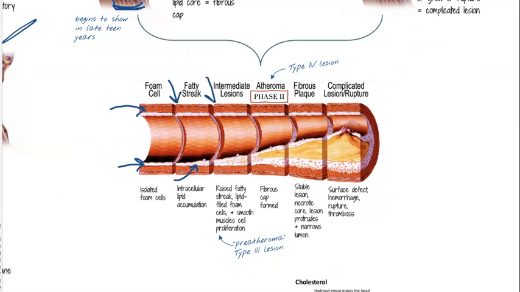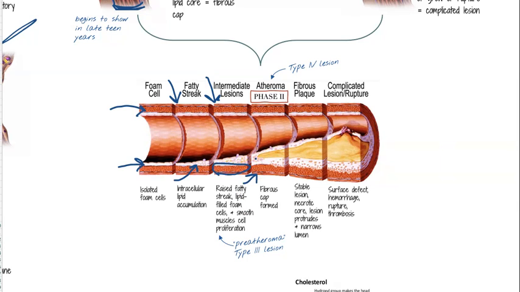Now, as it's getting closer to a stage 2 lesion, that fatty streak is rising up, it's growing. The smooth muscle cells under here are beginning to proliferate. And this picture is great because it actually does show those smooth muscle cells proliferating.